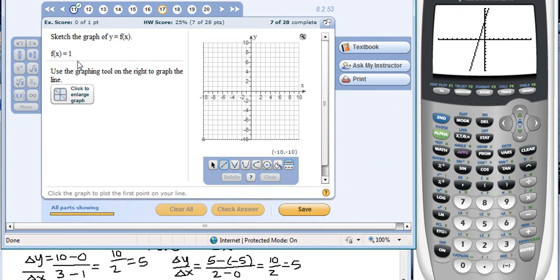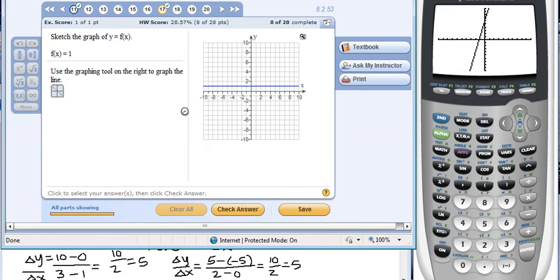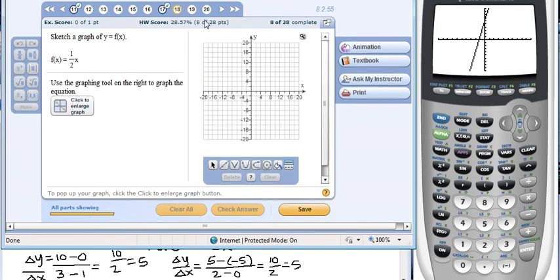Just pick a point, 0, 1. Pick another point, 7, 1. So it's a horizontal line where the y values are all stuck at 1. There is no x in this function. Okay, so we can graph.